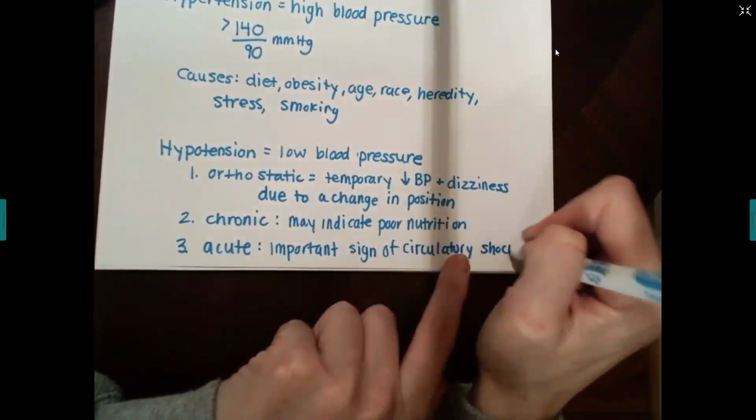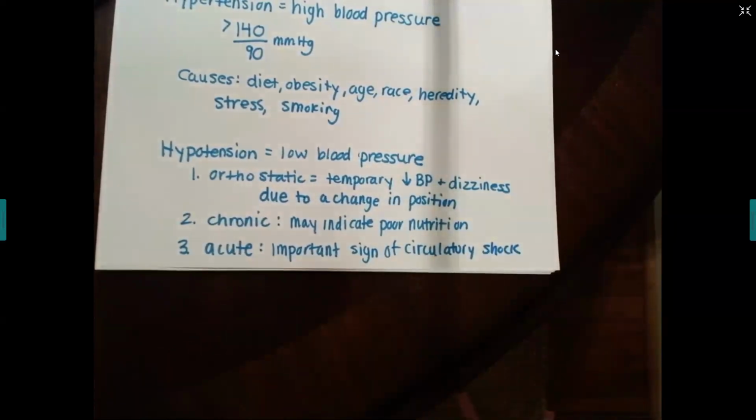And circulatory shock may indicate a bleed somewhere, or that someone is having a heart attack, or has vessel damage, or an aneurysm that's leaking, or internal bleeding in the belly. It can mean anything. It normally just means that there's something systemically going on with their circulatory system.